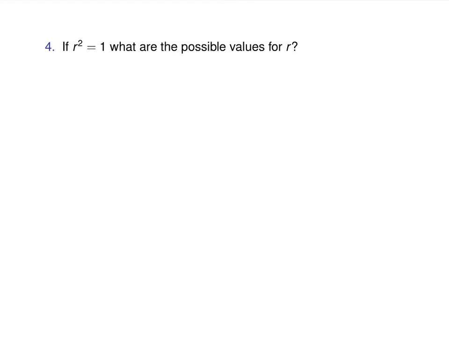Okay, r squared. If r squared is 1, what are the possible values for r? So quick review, remember that r is this correlation coefficient, and it measures the strength plus direction of relationship.